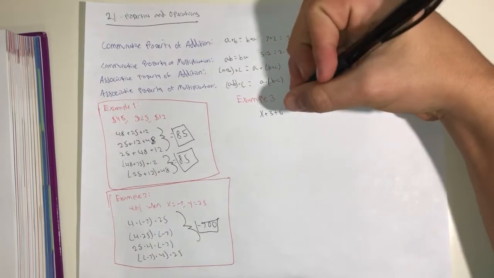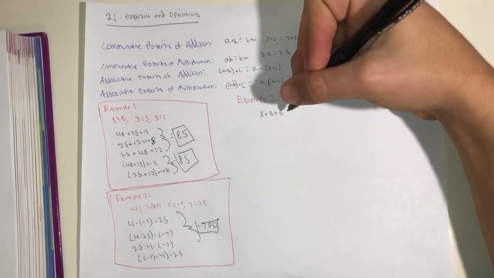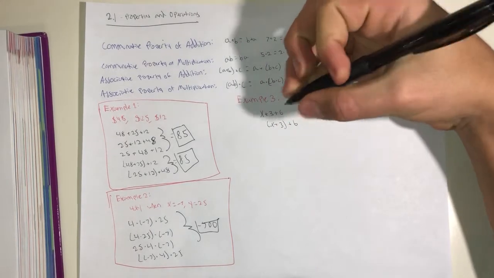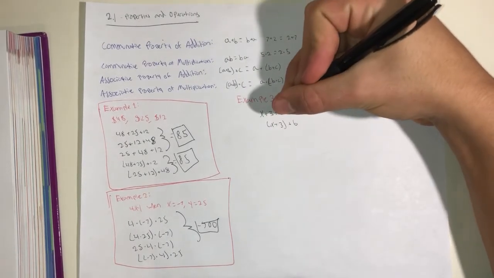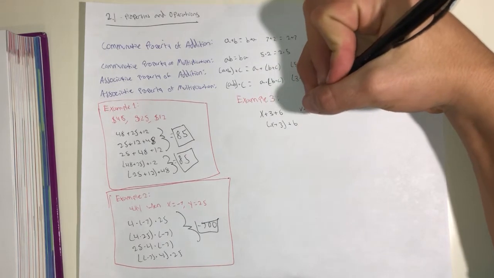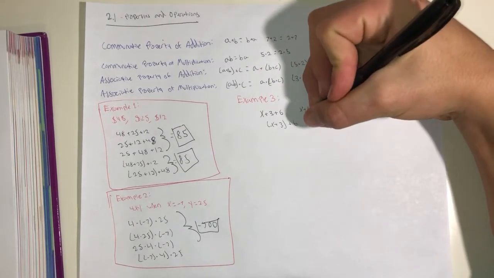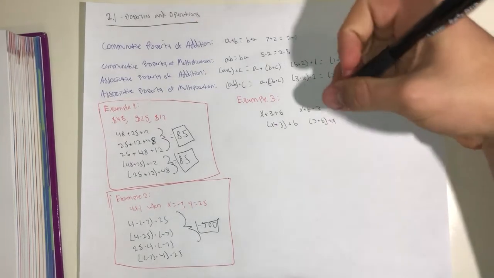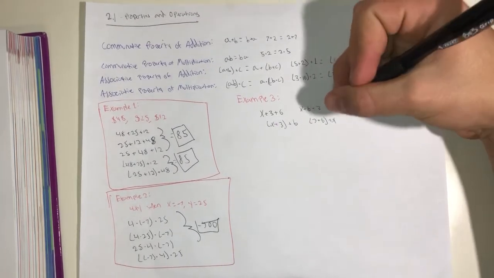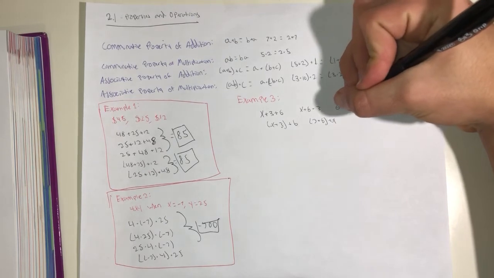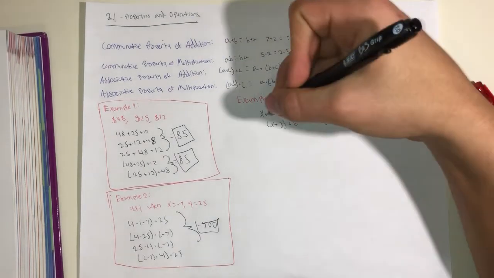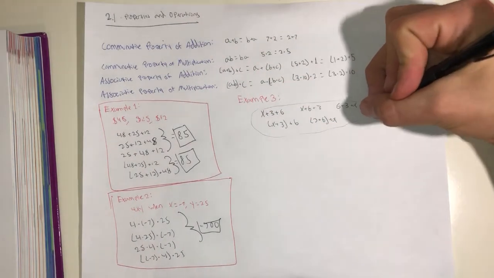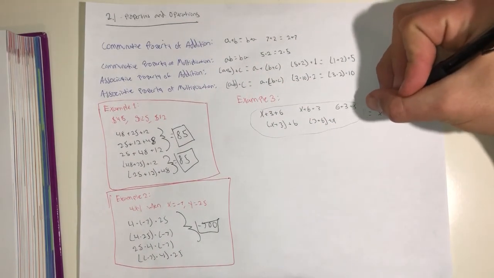So you could do (x plus 3) plus 6, or x plus (3 plus 6). This is the associative property. This is the commutative property. You could do x plus 6 plus 3, 3 plus 6 plus x, or 6 plus 3 plus x. Any of them. Since we don't know what x is, all of these are going to equal x plus 9.